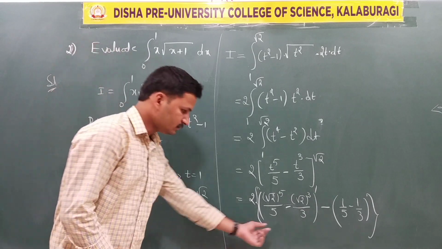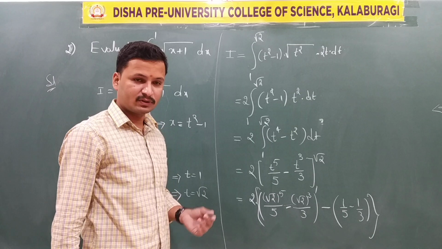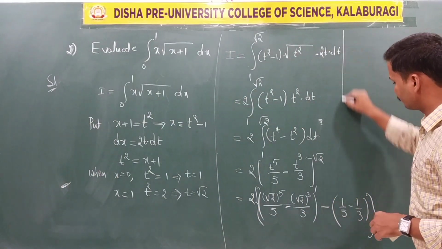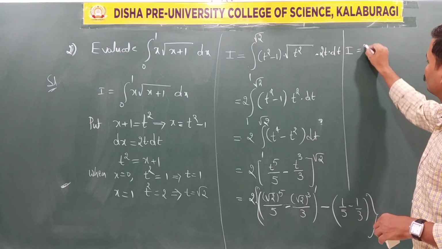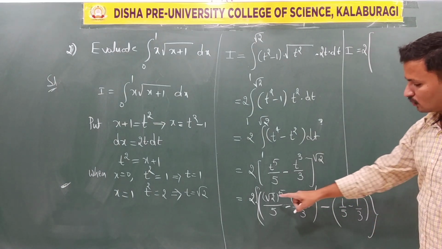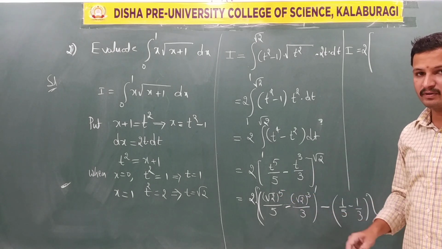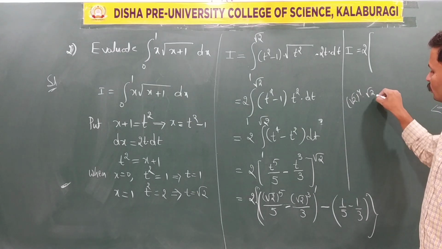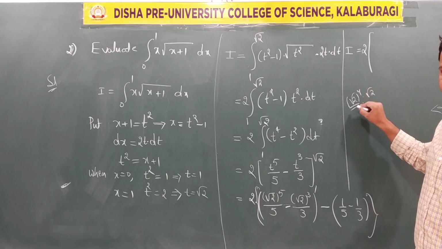Now just simplify this. Root 2 whole raised to 5 can be written as root 2 whole to the power 4 into root 2. So integral I is equal to 2 times root 2 whole to the power 4 into root 2. Root 2 to the power 4 is 2 squared, which is 4, so 4 root 2.